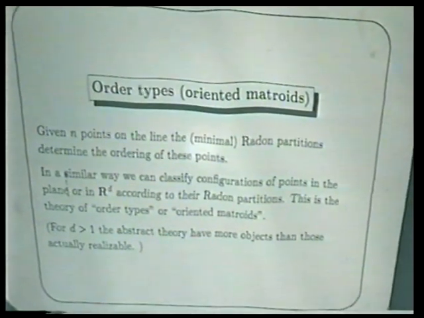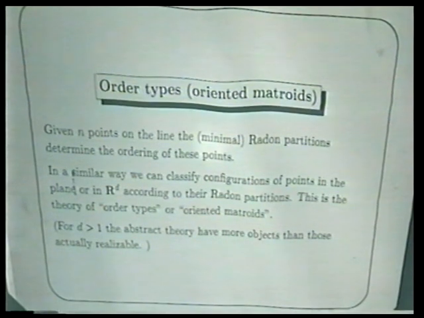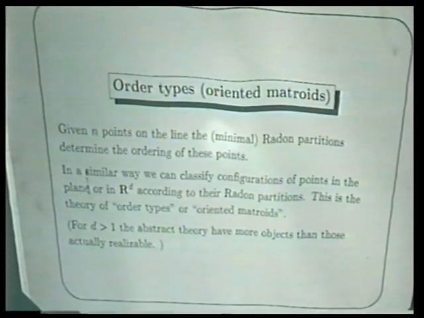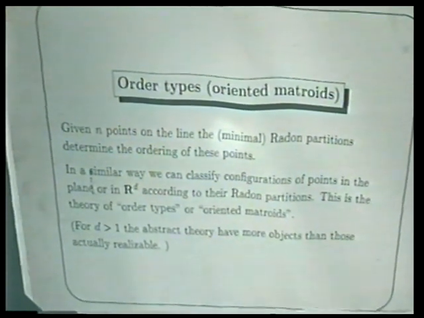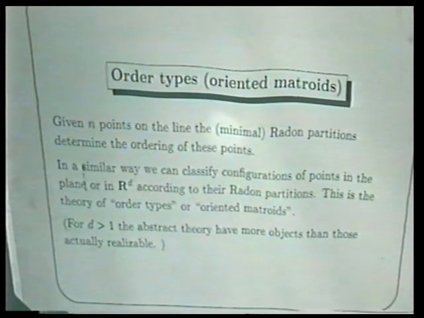If you have a collection of points on the line, then understanding the Radon partitions amounts to understanding the ordering of these points on the line. So in some sense, this gives you a natural extension of the notion of ordering to higher dimension.